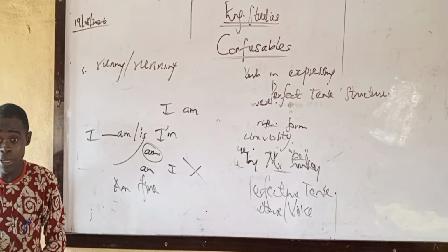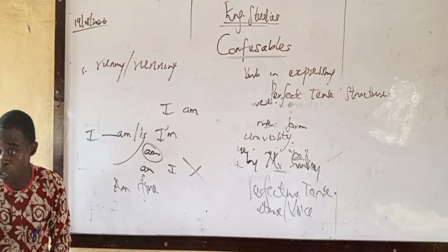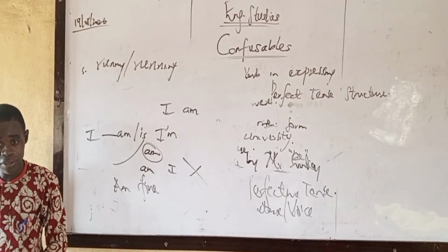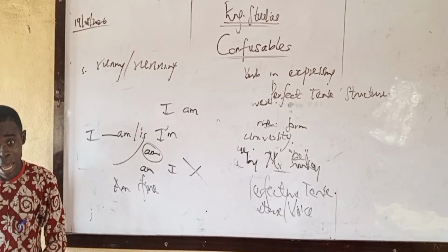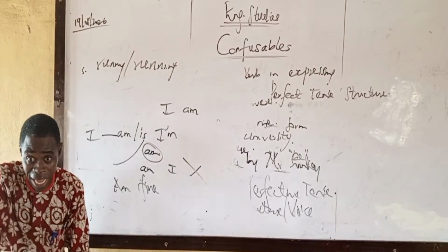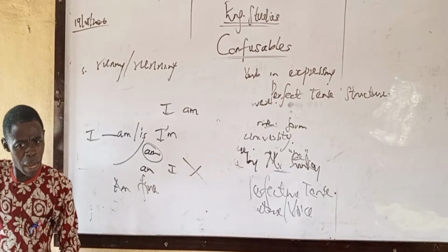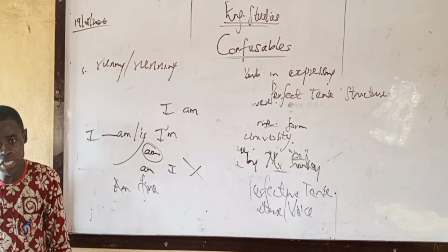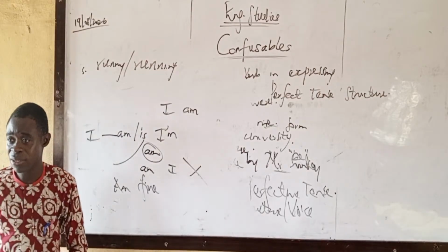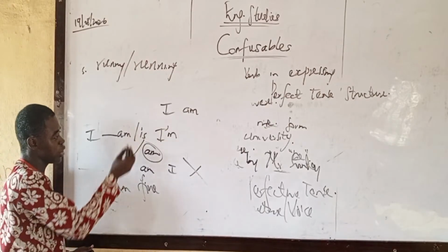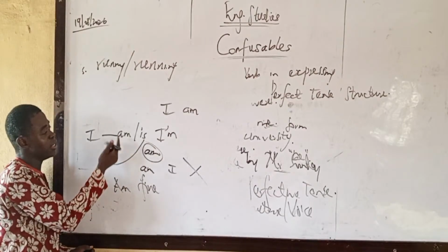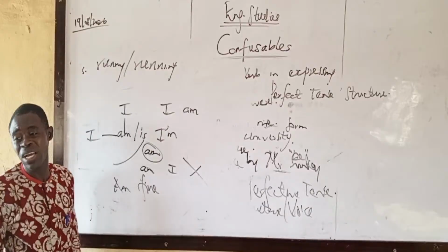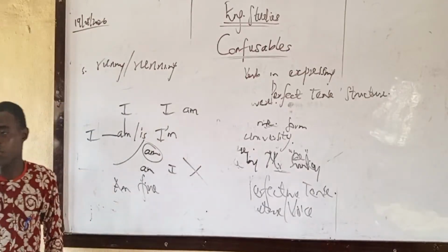Should am become a living thing and you kill I, am will be dead automatically, because it exists because of I. Please take note of that. Is is singular, used for a singular word with a singular subject.